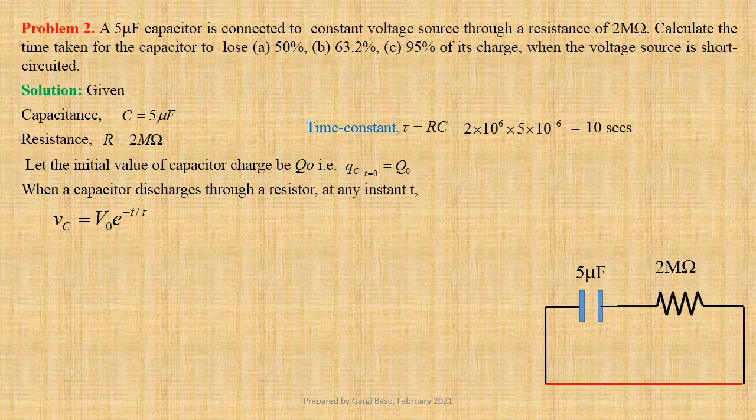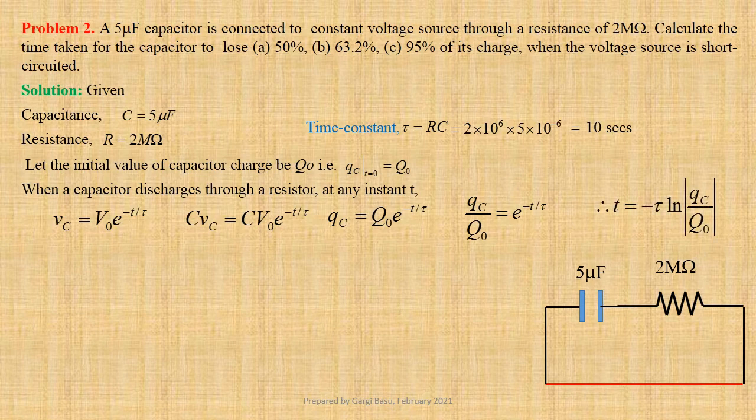Multiplying both sides by C, we get CVc equals CV0 e to the power minus t by tau, or Qc equals Q0 e to the power minus t by tau. Or we can write Qc by Q0 equals e to the power minus t by tau. Therefore, t equals minus tau log of Qc by Q0.